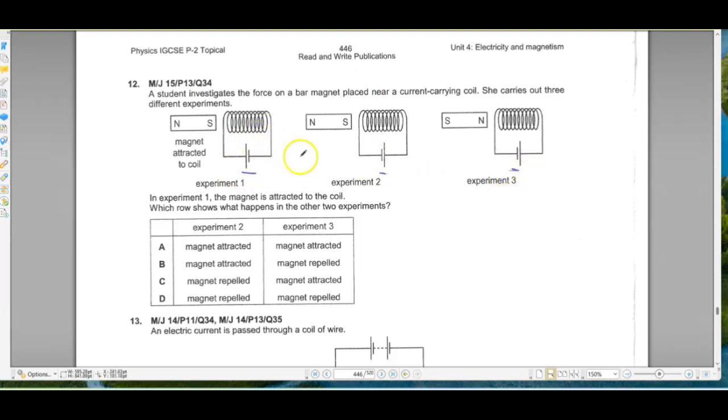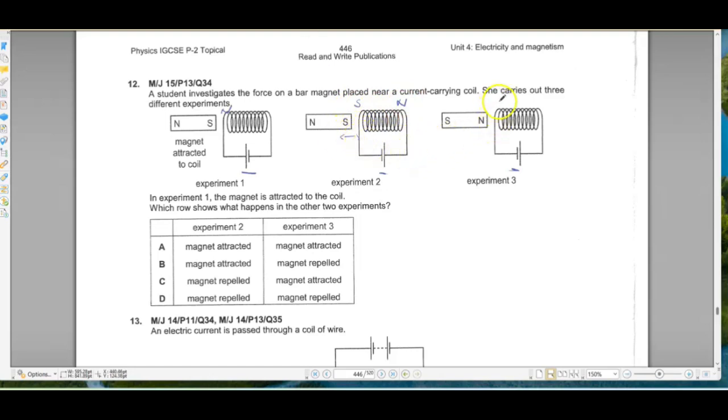Now if the current has been changed, and if this was being attracted, this would have been north pole. With the reversal of the current, now this is south pole and this is north pole. So south and south are going to repel each other.